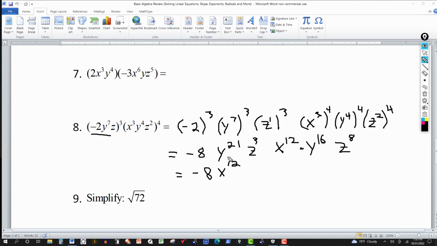Then let's bring down the y. Multiplying powers of the same base, we bring down the base, add the exponents. So y to the 21st, y to the 16th is y to the 37th. And bring down a z. Have a z to the third, z to the 8th, again, powers multiplied to the same base.